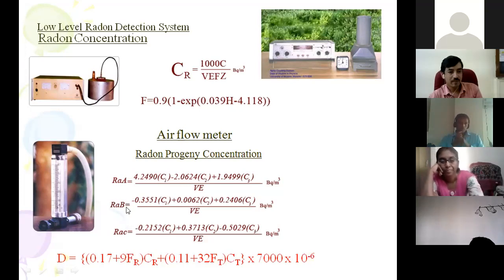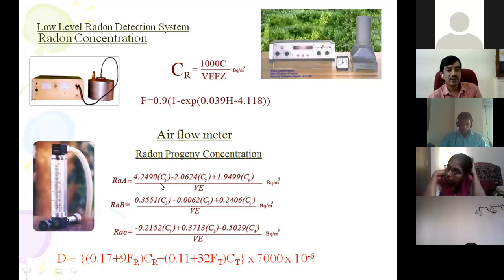Radium B will undergo radioactive decay, and also it will form. Its number will increase and also decrease: increase because of the radioactive decay of radium A, and decrease because of its own radioactivity. Similarly, there is a formation of radium C and also decay of radium C. We have a set of equations where C1, C2, C3 are the counts noted during 0 to 4 minutes, 5 to 15 minutes, and 15 to 30 minutes.